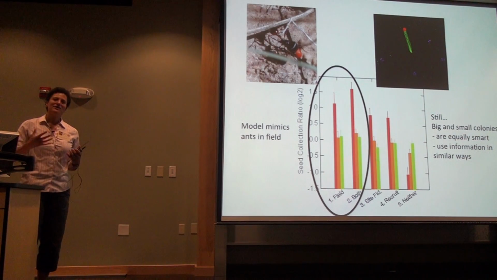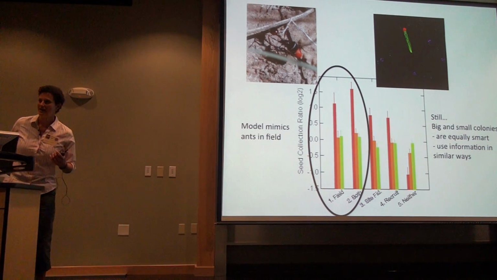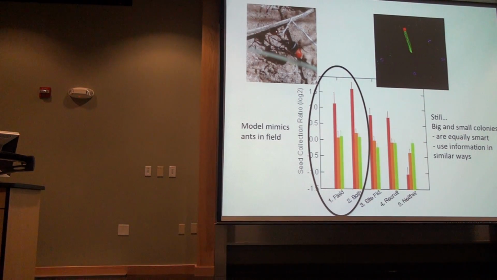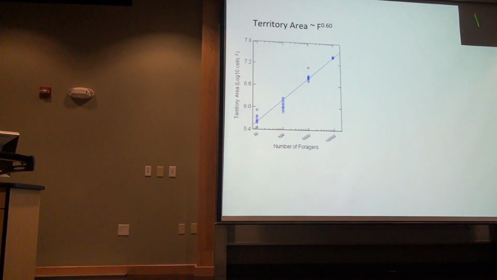We made this model. We could recreate a lot of the behavioral foraging activity of the ants in the model. And so we believed our model, and we could run our model for a wider range of colony sizes. And still, we found that big and small colonies were equally good at using information. So we had no evidence that big colonies use information any better than small colonies.